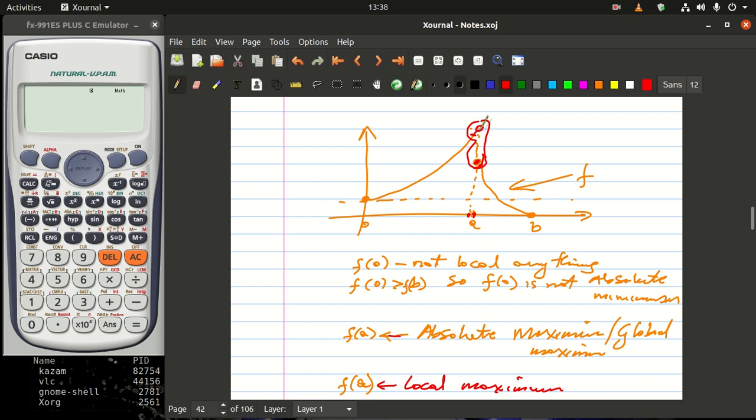That is why we usually say that at f of A we don't have an absolute maximum, or the absolute maximum does not exist, if the point that is supposed to be defined there is not defined.